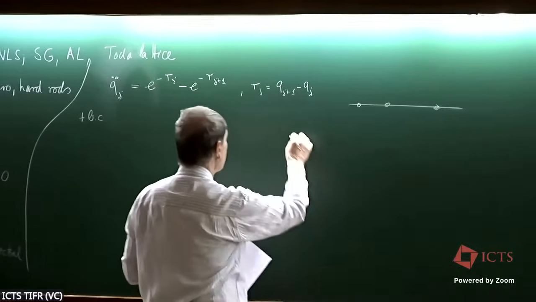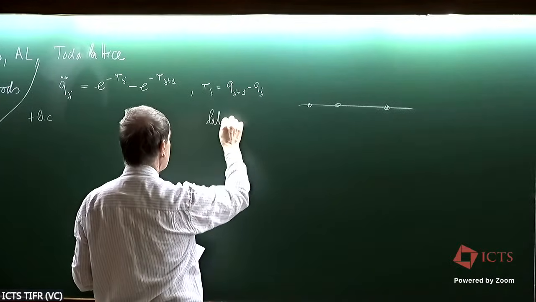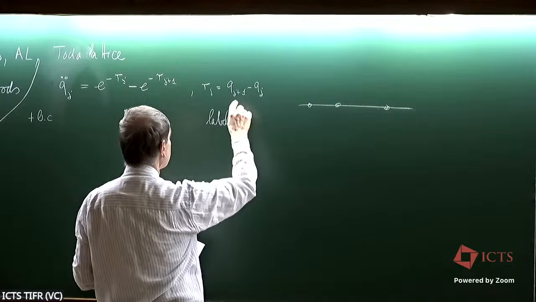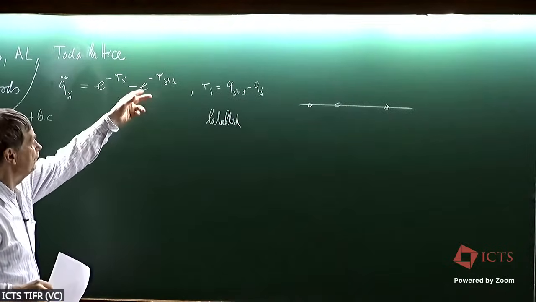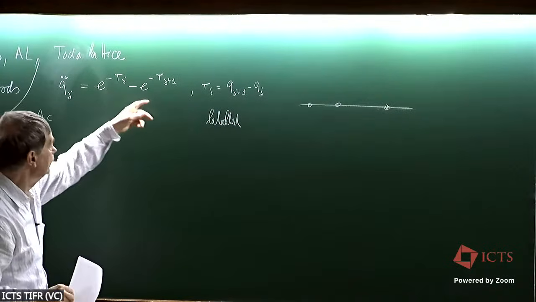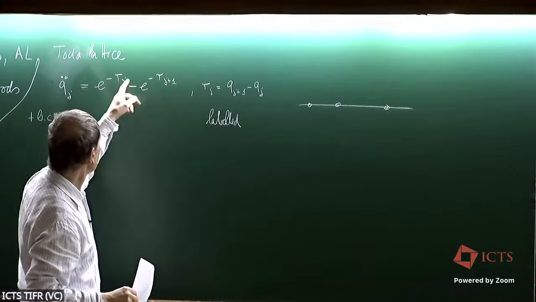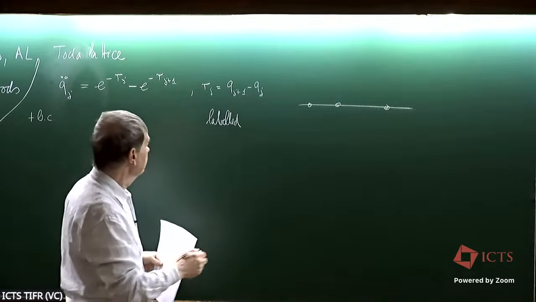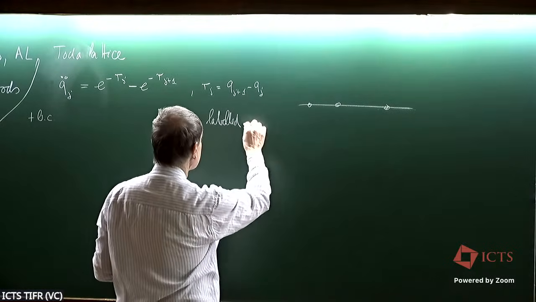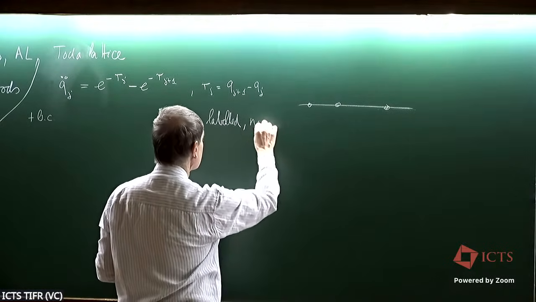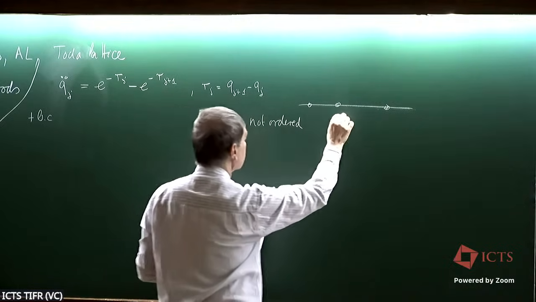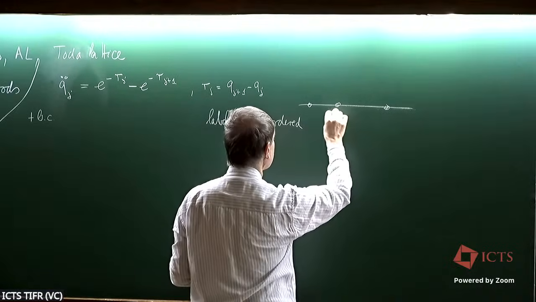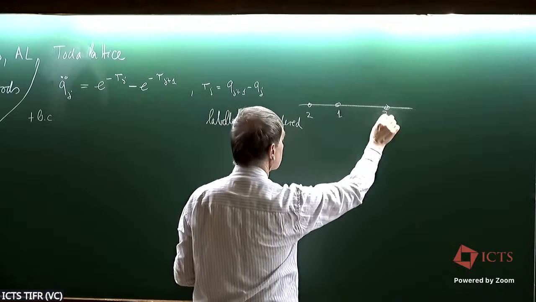The particles are labeled, because it's not permutation invariant under labeling. You have to look at a specific pair here, but not ordered. This could be particle 1, and then here I have particle 2, and then here I have particle 3.